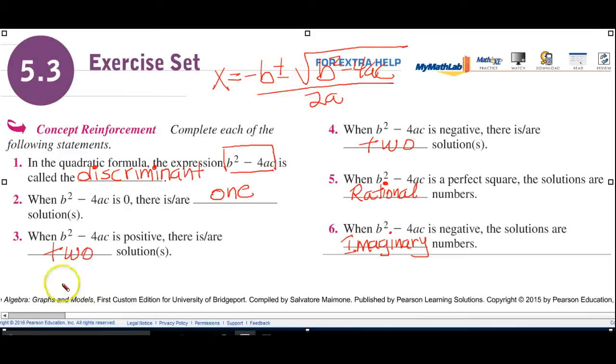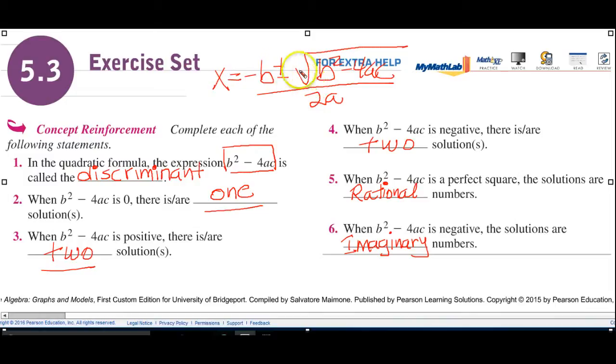That will give you 2 solutions. If this is 0, then plus or minus 0 makes no difference. You're only going to get 1 solution.